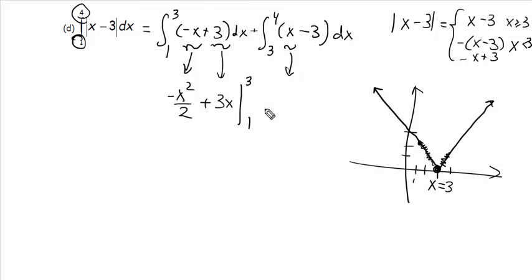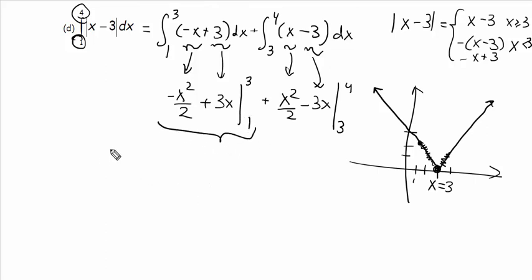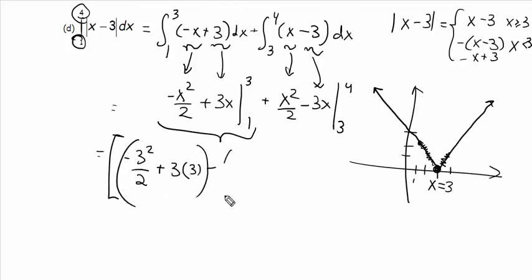Then the same thing over here. That's x squared over 2, but minus 3x in this case, from 3 to 4. So if I focus on just this first integral here, I'm going to substitute in the 3, and then I'm going to substitute in the 1 and then subtract these.